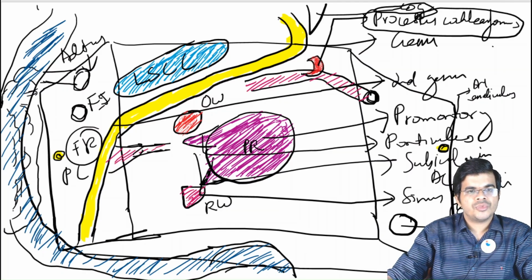From the jugular foramen arises a nerve which is very important. It comes up like this and then goes onto the promontory and forms a plexus over here.